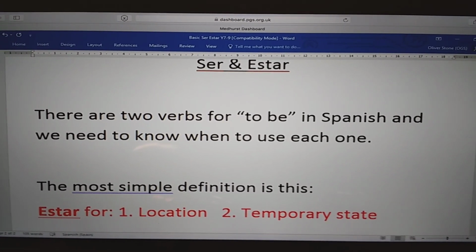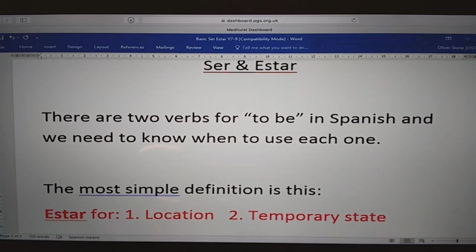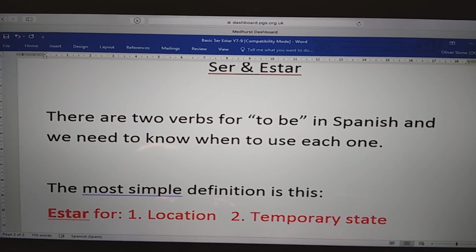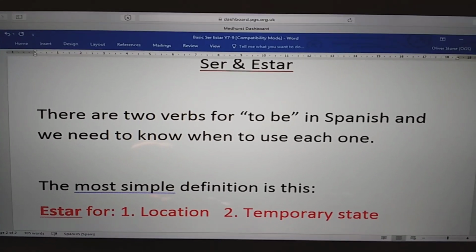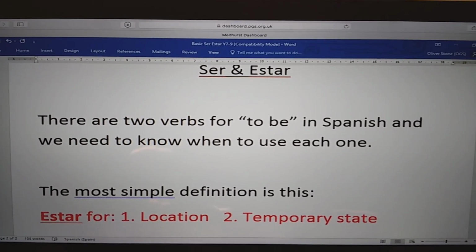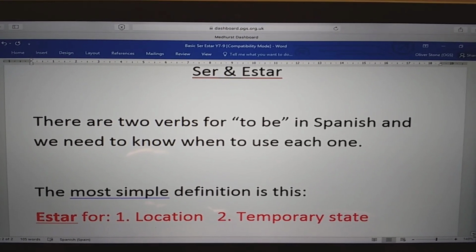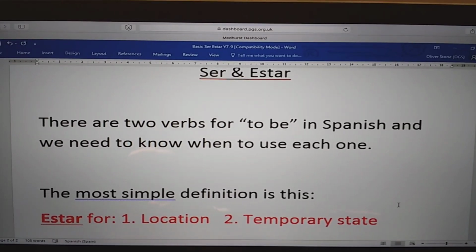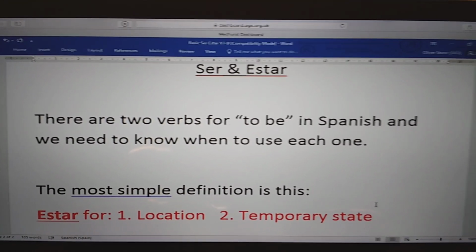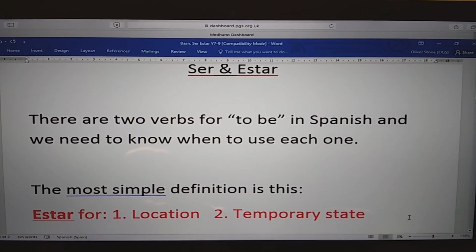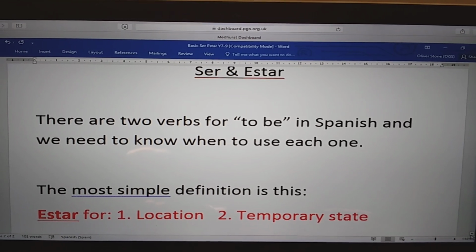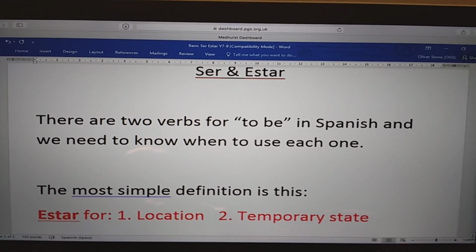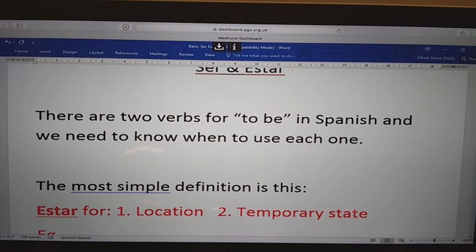Okay? Because if we know what estar is used for, then for anything else we're going to use ser, the other verb, because both ser and estar are infinitives. Okay, and you can see one ends in er, the other in ar. So, estar is for location or temporary state. Okay, so we'll give you a few other uses when you're older, but location or temporary state.